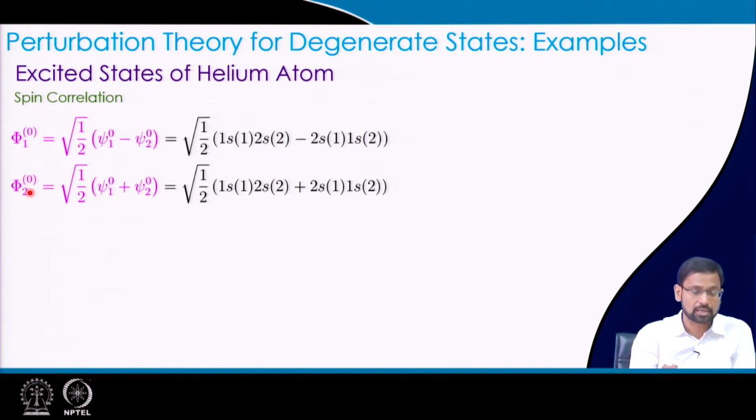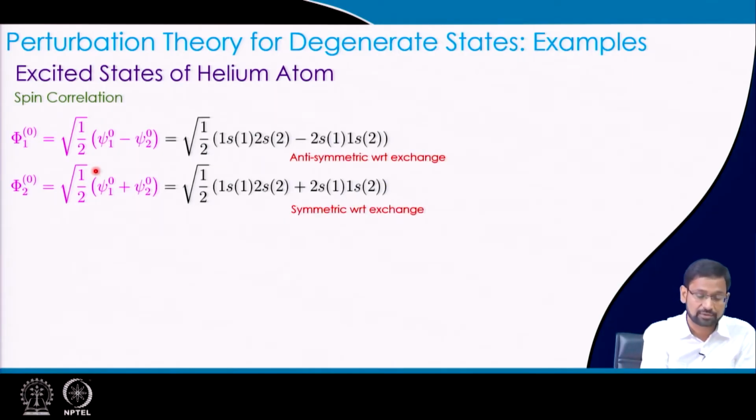Now when I look at which of these two functions is symmetric or antisymmetric with respect to electron exchange, you would immediately find that the lower wave function phi 10 is antisymmetric with respect to exchange, because if I act the permutation operator P12 on it, it becomes the negative of itself.